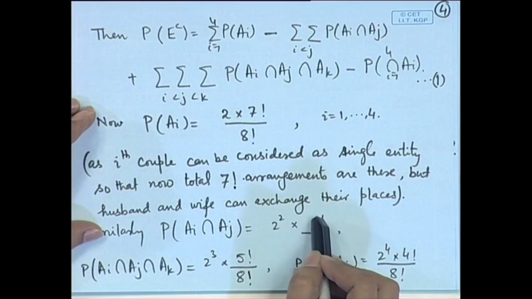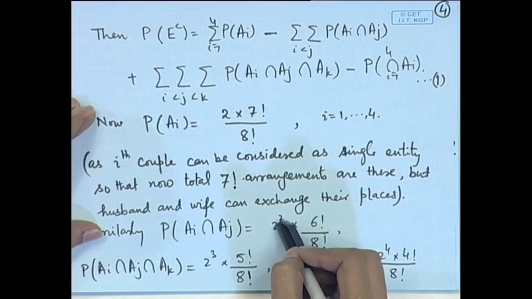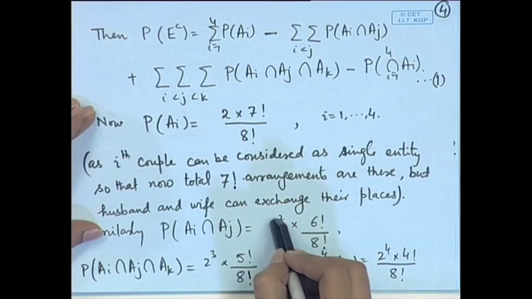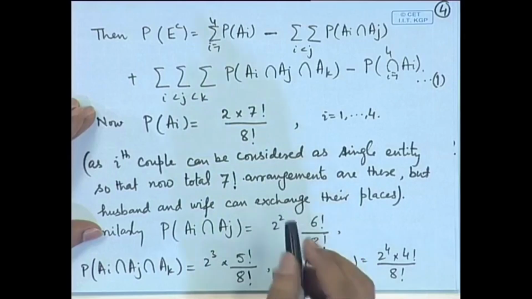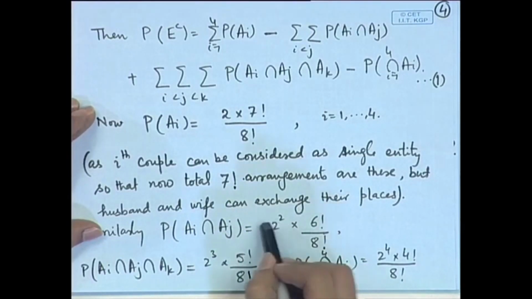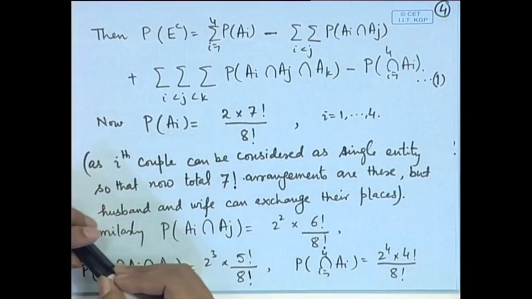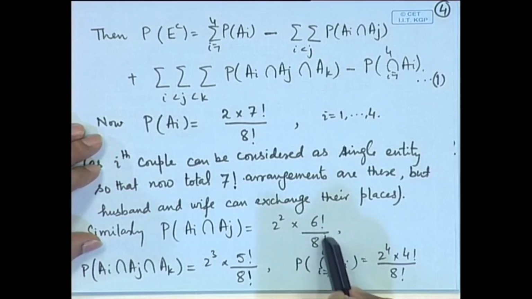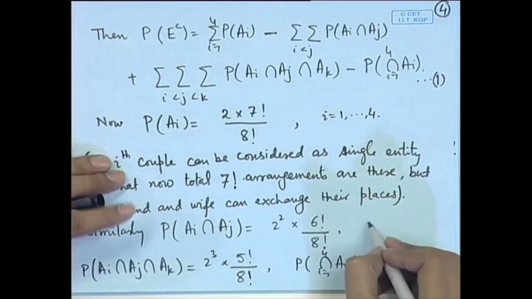Since in this arrangement 2 of the persons are basically couples, each of them can interchange their places, which can be done in 2 square ways, because in the ith pair the husband and wife can interchange their places in 2 ways, and in the jth pair the husband and wife can interchange their places in 2 ways. So, 2 square. So, the favorable number of cases becomes 2 square into 6 factorial divided by 8 factorial. And this will be true for all pairs of i and j.